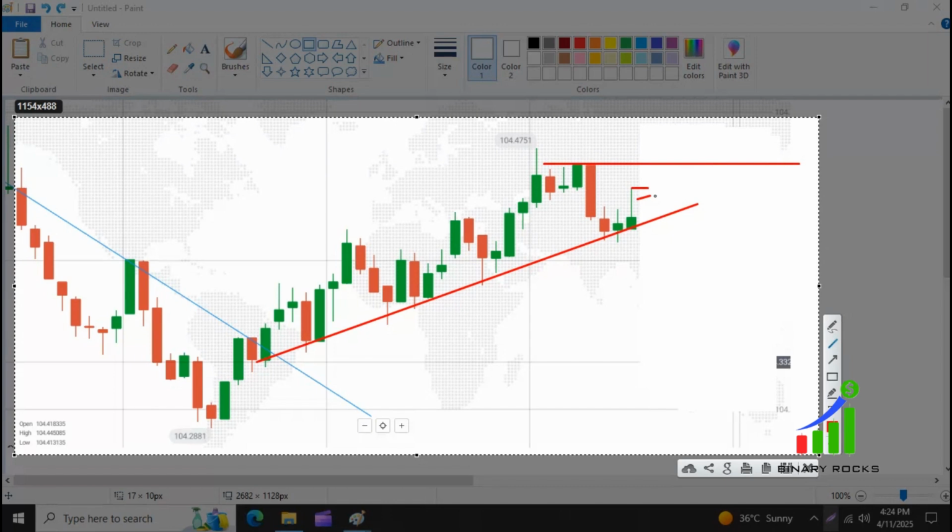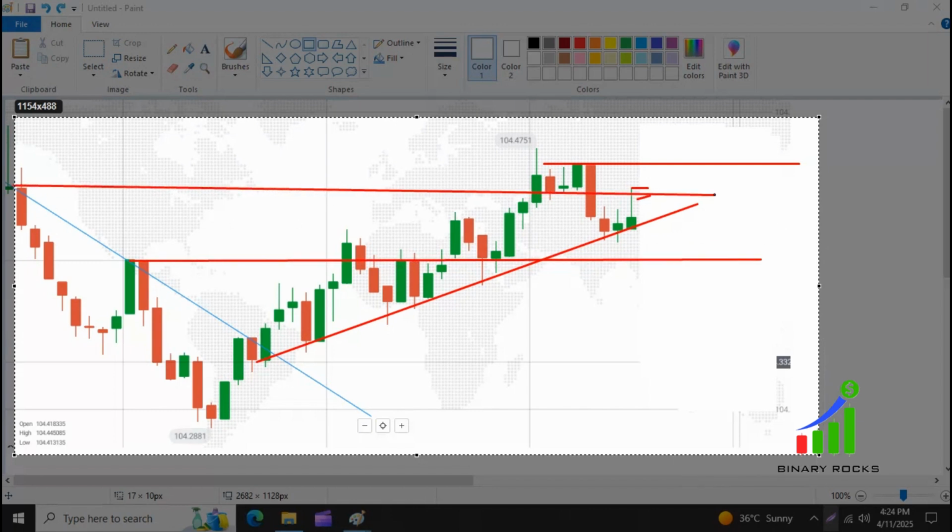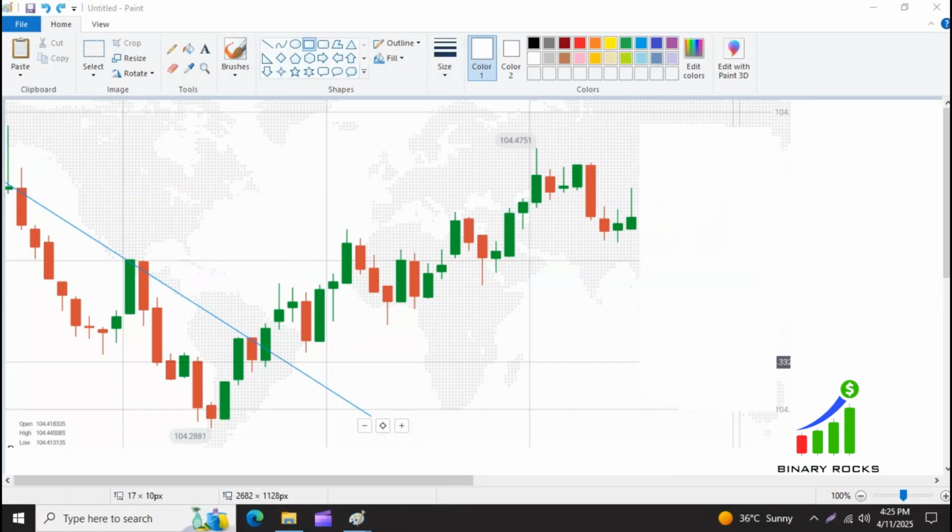Why? I still have a gap to the next level, and one more thing, the trend is still an uptrend and the trend line is still working. So with all these points I can go with buyers, and my next level is here.